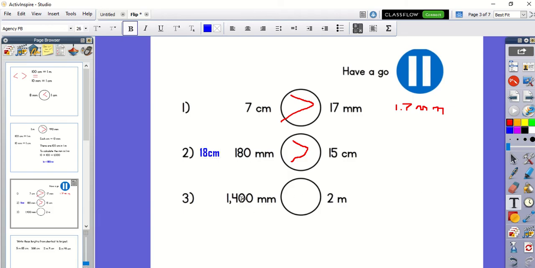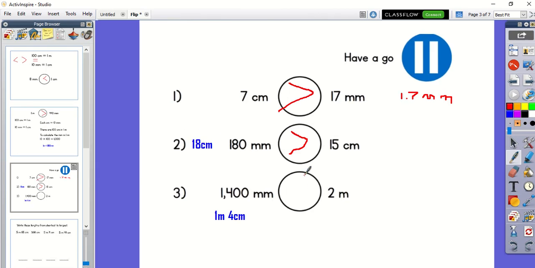And finally, we have 1,400 millimeters compared to 2 meters. Well, we know that 1,000 millimeters equals a meter. So we've got 1 meter, 40 centimeters.